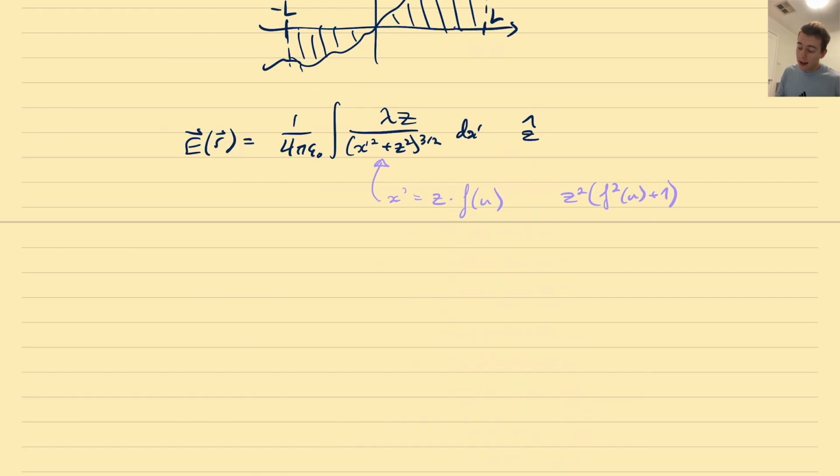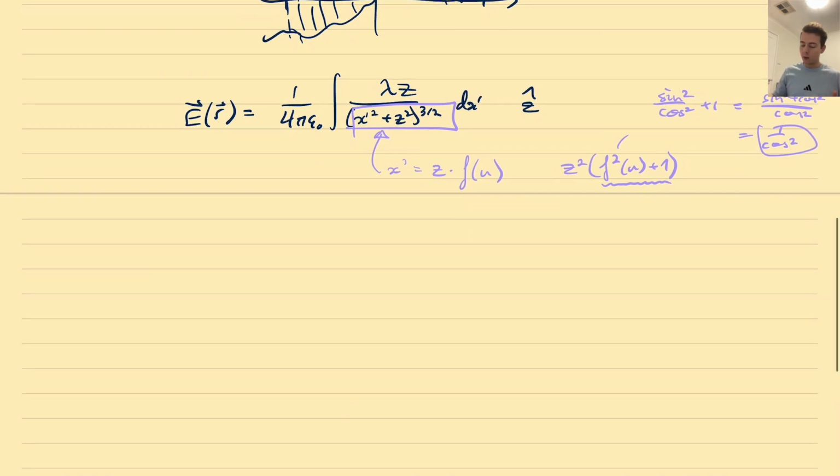Now, if you know some trig identities, it'd be very nice if this f squared is a tangent squared, because then you have sine squared over cosine squared plus 1, which becomes sine squared plus cos squared over cos squared, which is 1 over cos squared. And because that's taken a square root and then cubed, but it's in the denominator, the 1 over cos squared is going to become a cos squared in the numerator, which could be very good news for us.